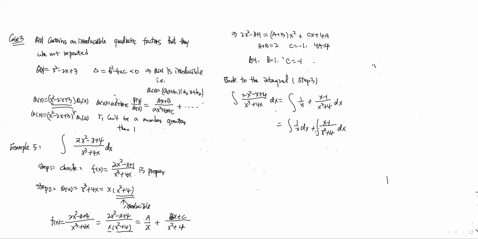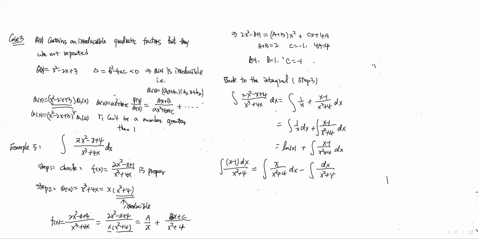For the first term, it's quite easy to find the antiderivative. This is ln|x|. How about the second term? Let's compute it: x over (x squared plus 4) dx minus dx over (x squared plus 4).